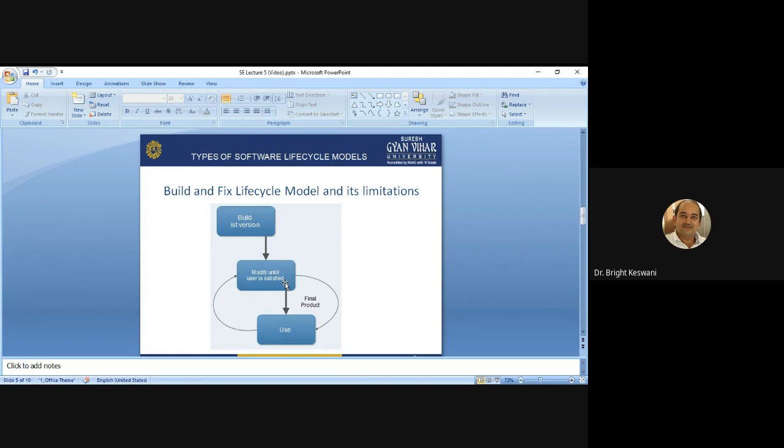The cost of this process model is actually far greater in comparison to the cost of a properly specified and designed project. So as far as cost is concerned, as far as the chances of fault are concerned, as far as the maintenance part is concerned, as far as the problem size is concerned, there are some limitations with this build and fix lifecycle model.